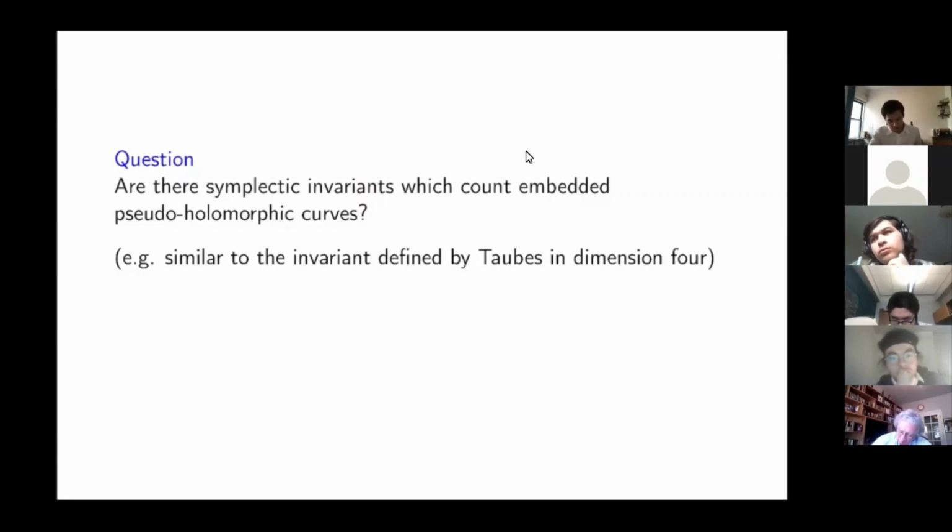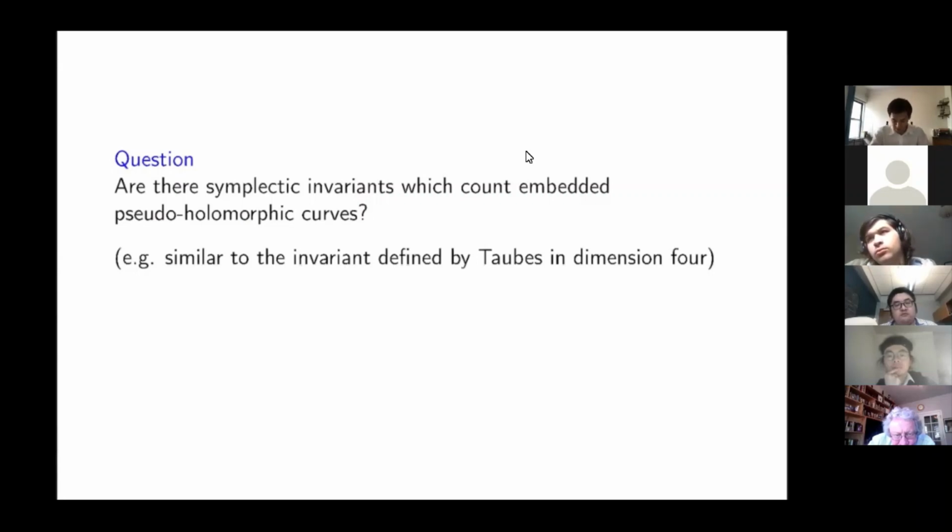Of course, the simplest case is one of these examples I mentioned at the beginning of the talk. In algebraic geometry, we actually have a lot of interesting examples in which, using methods of algebraic geometry, we can simply count embedded curves. More systematically, in dimension 4, Taubes defined an invariant for any symplectic manifold by counting embedded pseudo-holomorphic curves with certain weights.